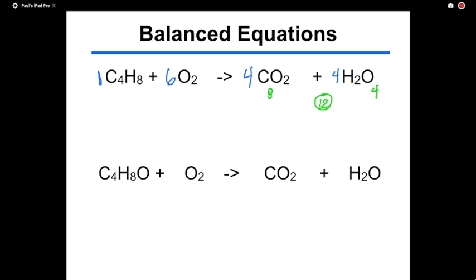All right, if I look at these two, I'm still going to start off with carbon, and I have 4 of them here. I have 1 of them there. I make the same decision. I'm going to put 4 here because I've got carbons. That seems right. I'm going to go back. I have 8 hydrogens there and only 2 there. 8 is the bigger. So I'm going to put 4.